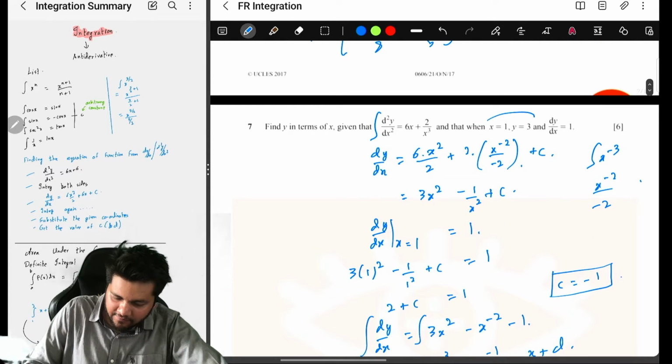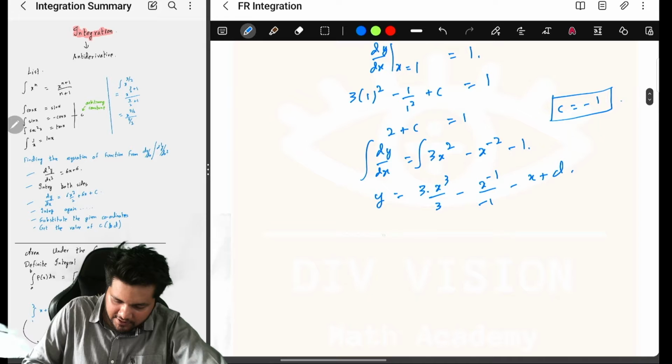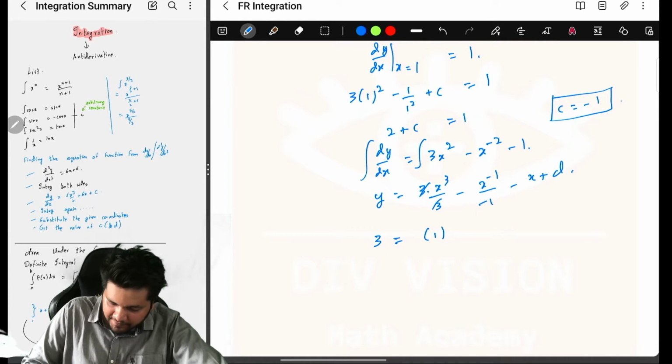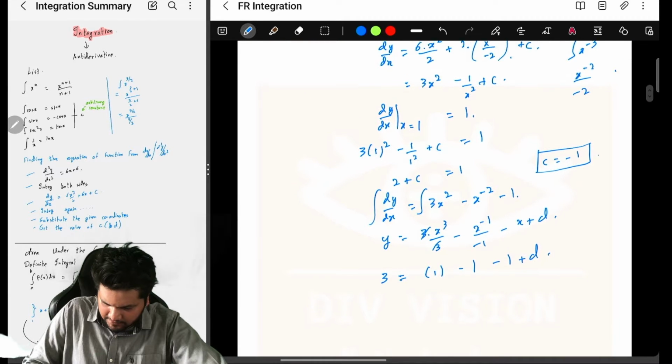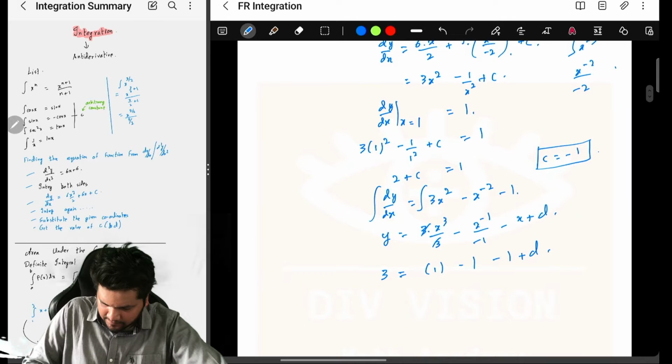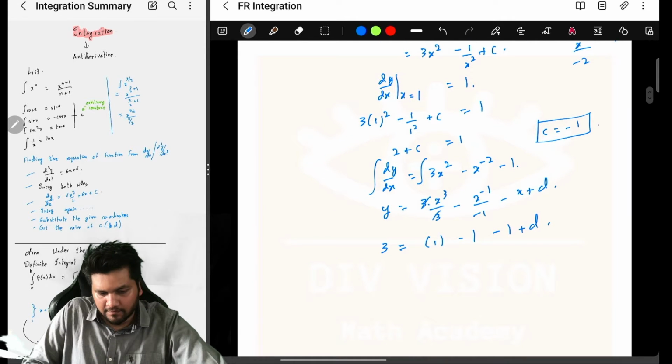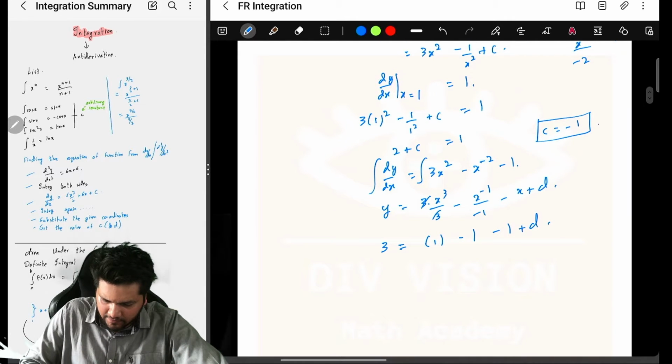Again, they have said that when x is equal to 1, y is equal to 3, so we'll just substitute here. So 3 is equal to, this is going to be 1, 3 3 cancel. This is again going to be minus 1, and minus 1 plus d. Just a second, I think this is going to be plus 1.